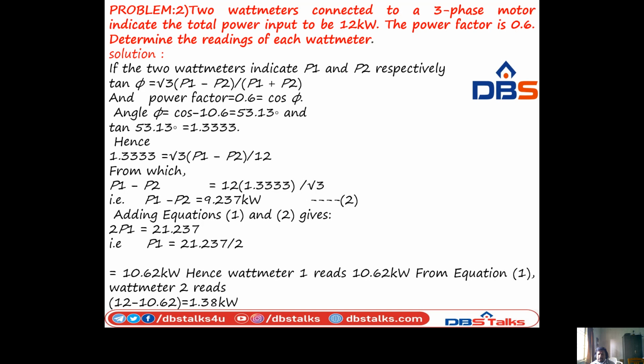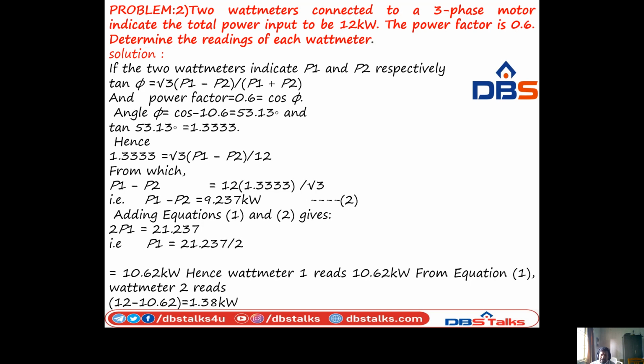Let us consider the 2-watt meters indicate P1 and P2 respectively. Therefore, tan phi is equal to root 3 times (P1 minus P2) by (P1 plus P2). The given power factor is 0.6, that is cos phi is equal to 0.6. What is the phi value? Phi is equal to cos inverse of 0.6, that is 53.13 degrees.